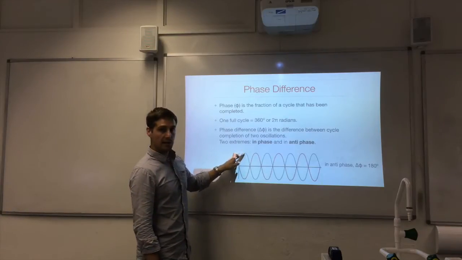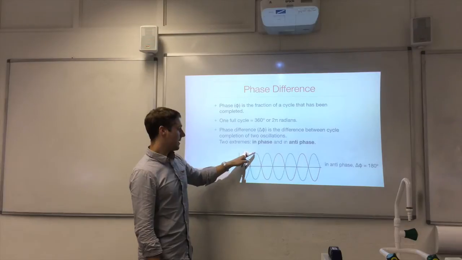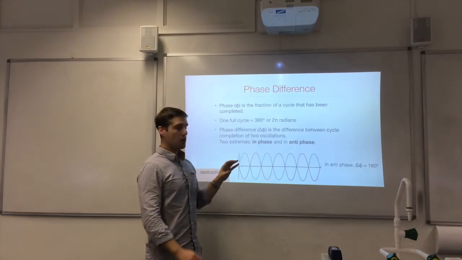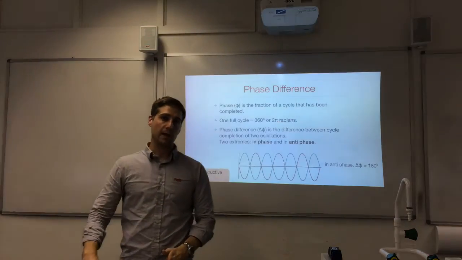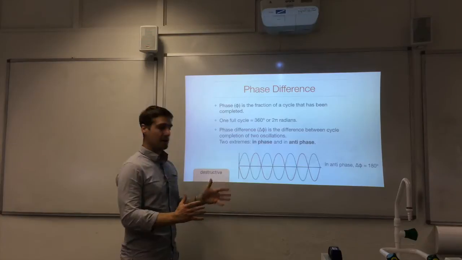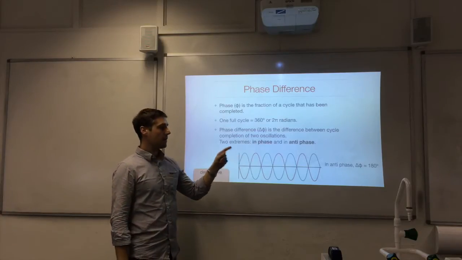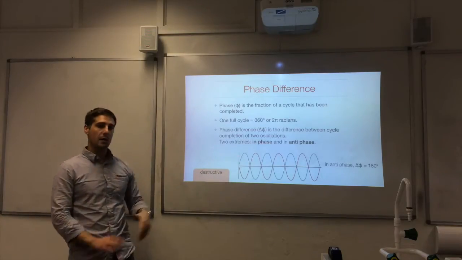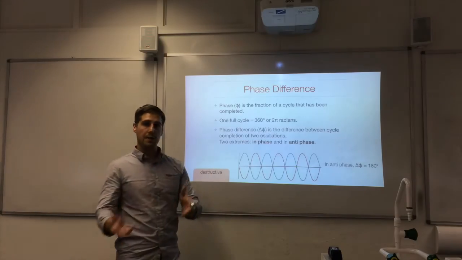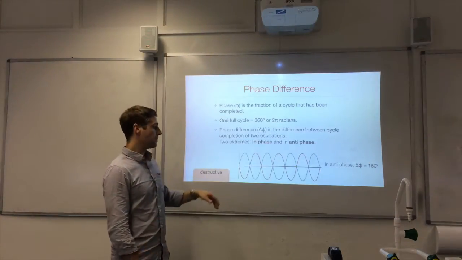Where a peak occurs in one, a trough occurs in the other. So they're doing the opposite thing at the same time. They are working against each other, cancelling each other out. Here delta phi is 180 degrees, and we call this type of interference destructive interference.